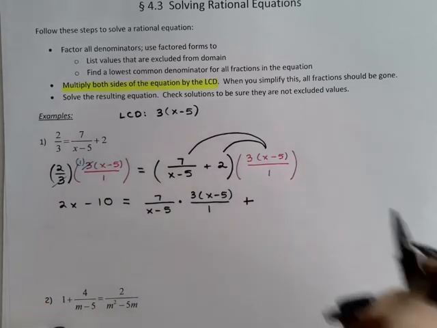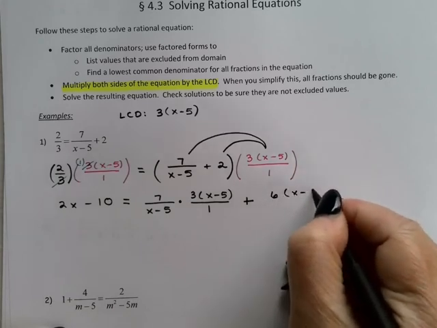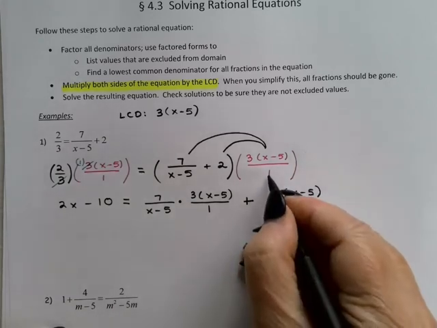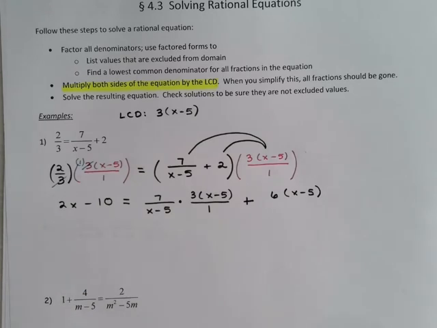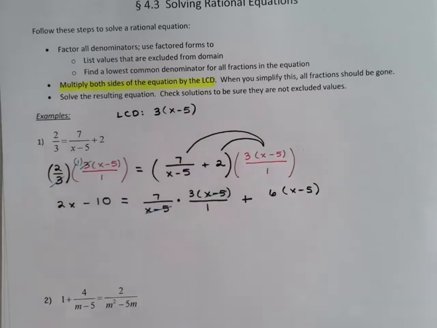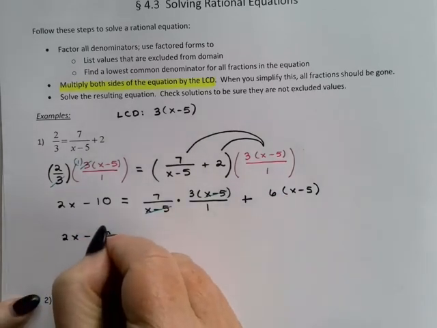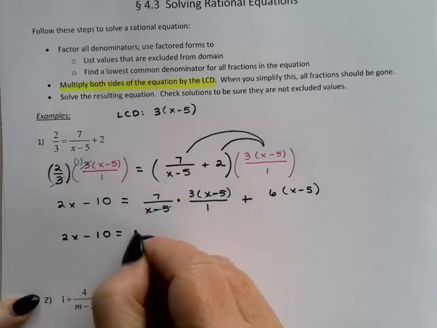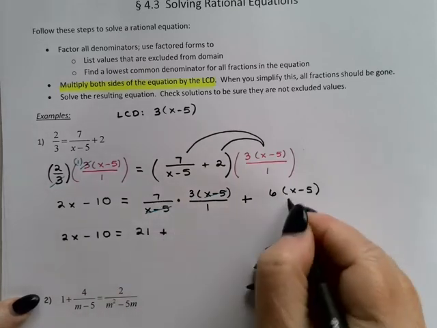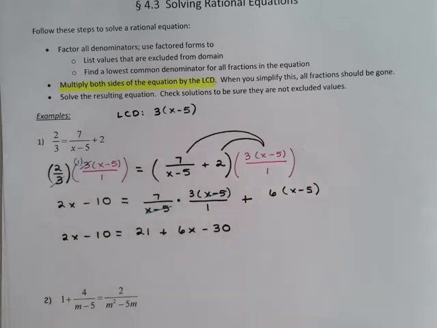And when I multiply it by the second term, 2 times 3 gives me 6 times x minus 5. I don't really need that 1 on the bottom. So let's get rid of those x minus 5's there. And I have 7 times 3 is 21, plus distributing 6x minus 30.